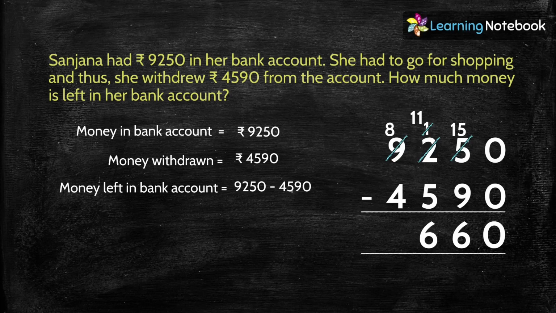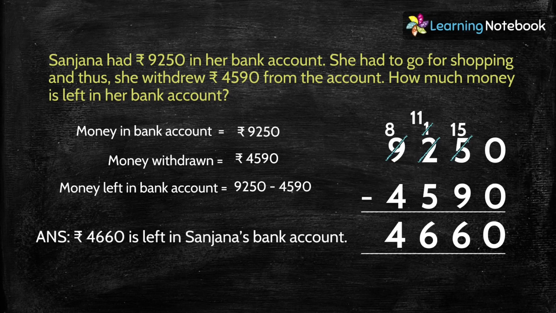And then 8 minus 4 equals 4. So the answer is 4660. Students, never forget to write the answer statements in the word problems. So let's write the answer statement. Rupees 4660 is left in Sanjana's bank account.